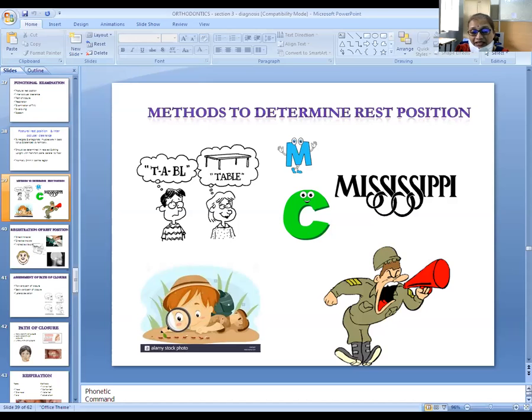You ask the patient to repeat it: Mississippi, Mississippi. This phonetics will make the muscles relax and the patient will be in rest position.